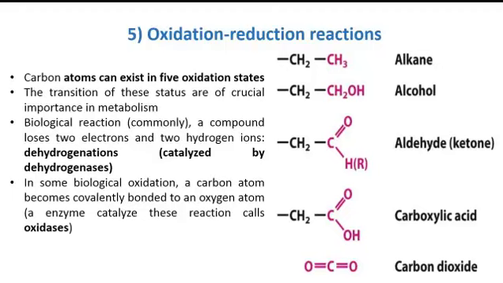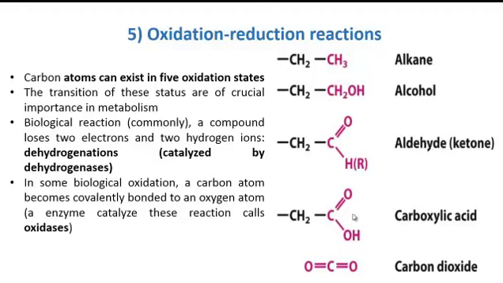And we can compare this definition with the definition of oxidation. On the other hand, in some other biological oxidation reactions, a carbon atom becomes covalently bonded to the oxygen atoms. And this kind of reactions are catalyzed by the enzymes known as oxidase enzymes.